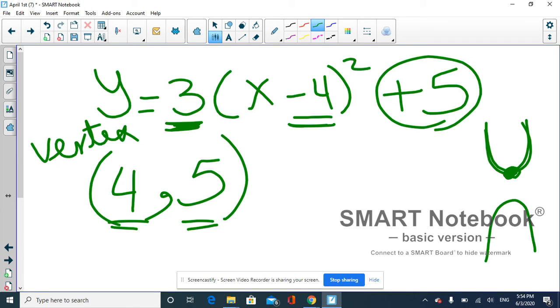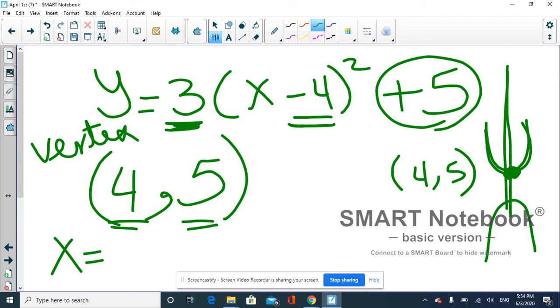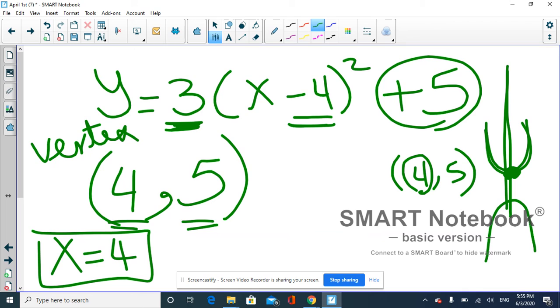Also we can find the axis of symmetry, the line that passes through this point. We know that this point is (4, 5). So this line will be x equals 4, because the first coordinate is x. This is the axis of symmetry. So from this equation, we can find the vertex of this parabola and the axis of symmetry.